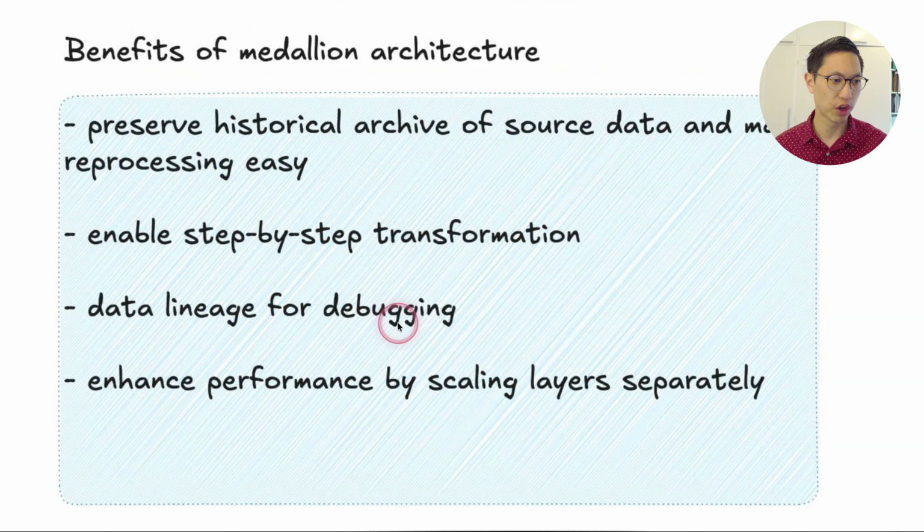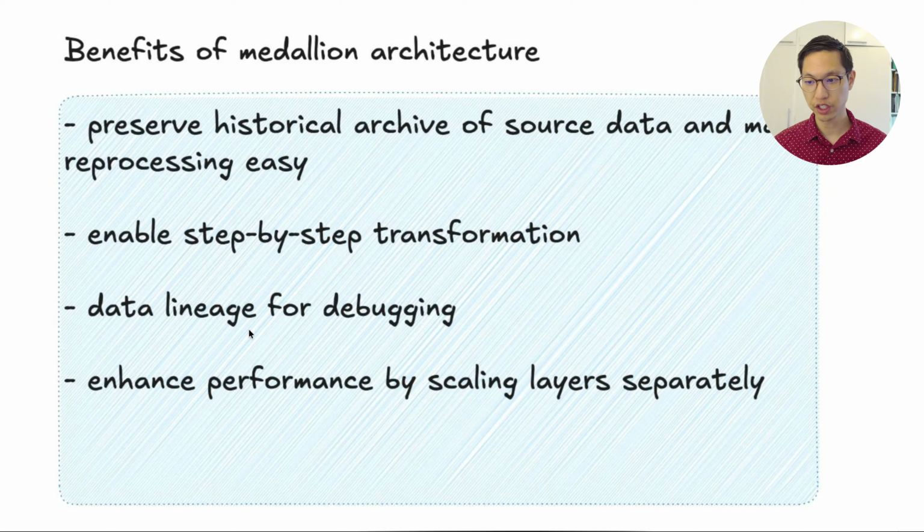So let's move on here. What are the benefits of Medallion architecture? It's a way to preserve a historical archive of source data and make reprocessing easy. It enables step-by-step transformations. It has very clear data lineage. You can see where the data has flowed from one table to another or from one view to another, and this is very good for debugging.